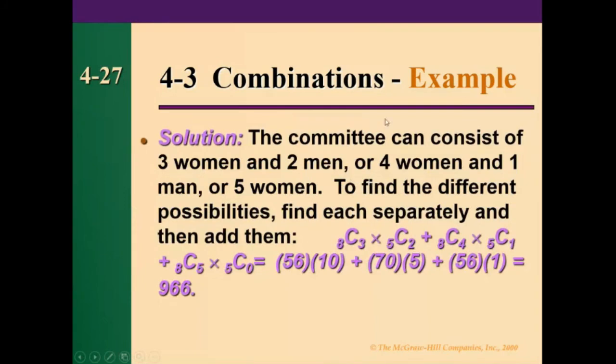Ito, di ba? 8C3 times 5C2. Yun yung una. Kasi, tatlo yung women dito, ano. At least 3. So, ibig sabihin, 3 pataas. 8C3 times 5C2. Plus, yung another is 8C4 times 5C1.